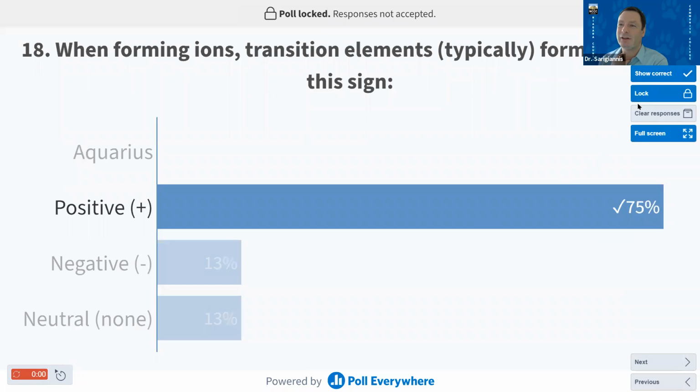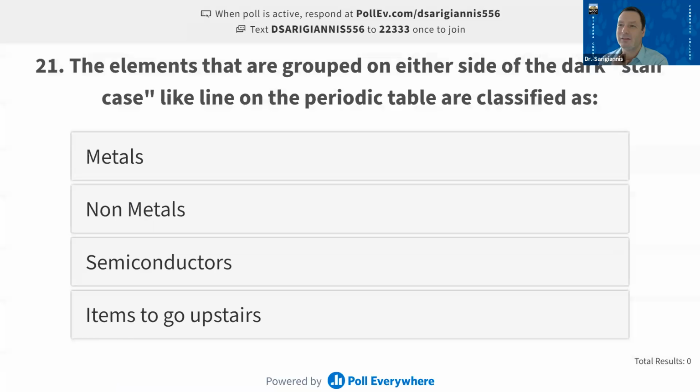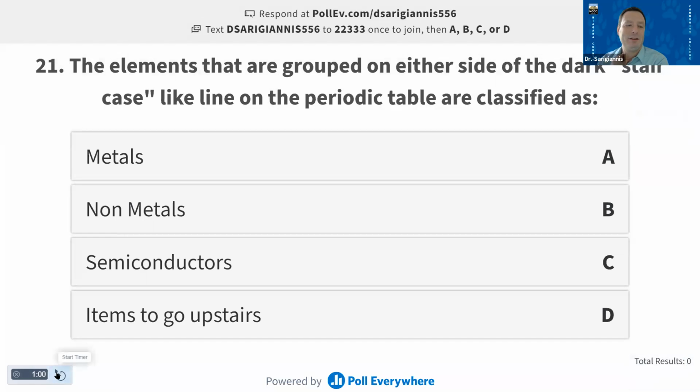Let's go to the next one. The elements that are grouped on either side of the dark staircase-like line are classified as what? Metals, non-metals, semiconductors, or items to go upstairs.